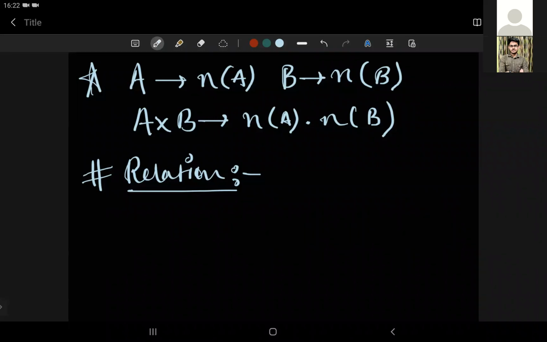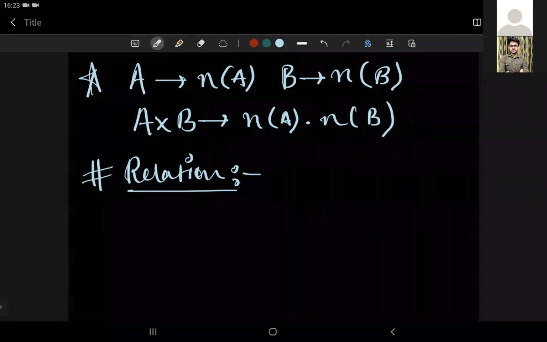Can it be an empty subset? Then it can be, because obviously the empty set is a subset of every set. Usually we don't talk about empty relations, right? Yes, you can say there is no physical meaning of it.